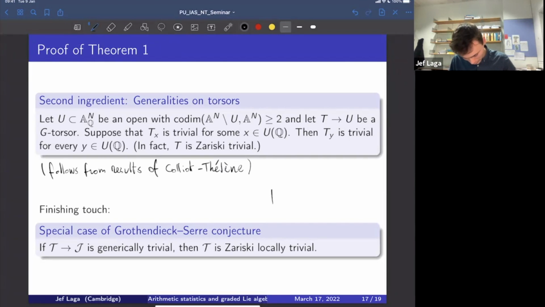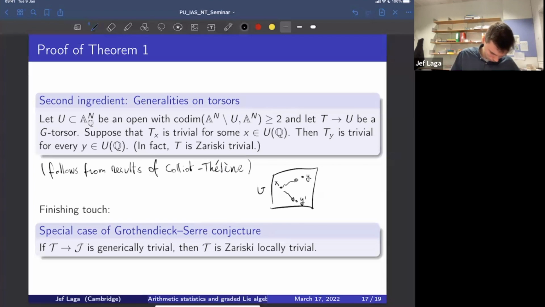Let me just write this down pictorially. Suppose this is U, we have our point x here. Then this theorem says that the triviality of the torsors propagates in U. So if you take any other point, then the torsor will also be trivial over that point. And here we really make use of the simple geometry of this U. This will definitely not be true in general.